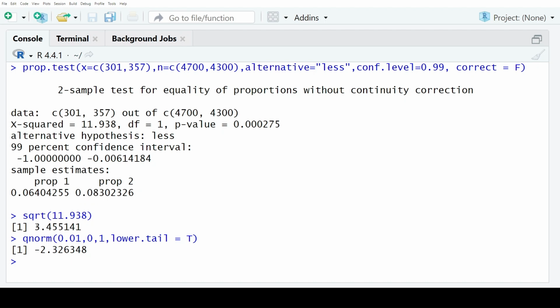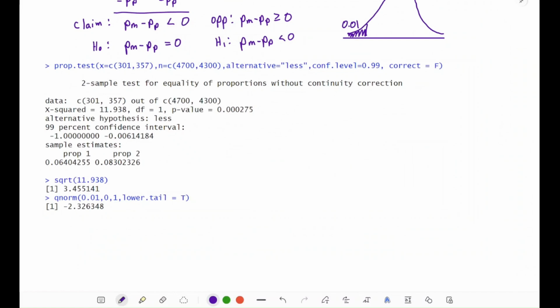So my test statistic is actually going to be negative 3.455. Okay, and now back over to the notes.